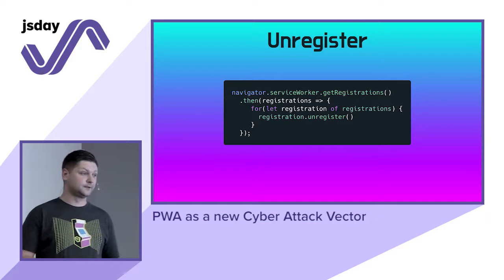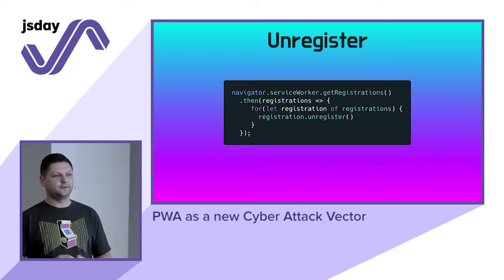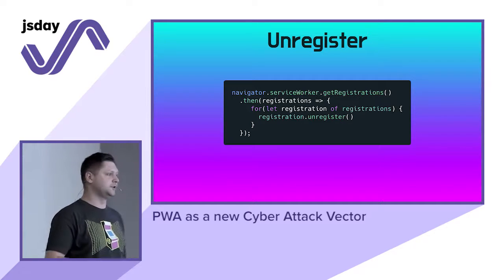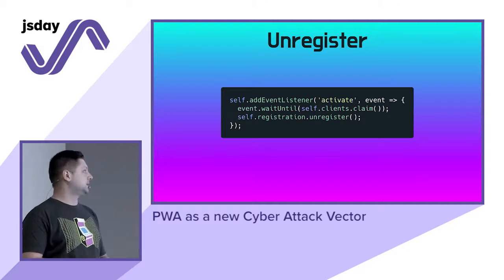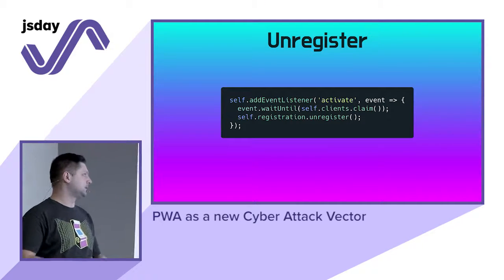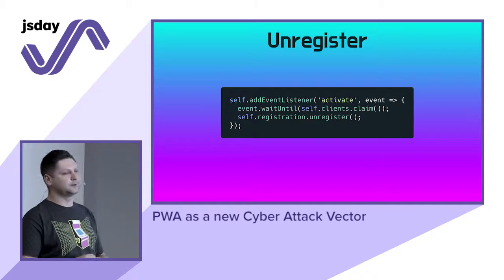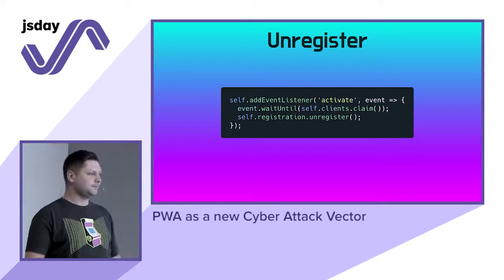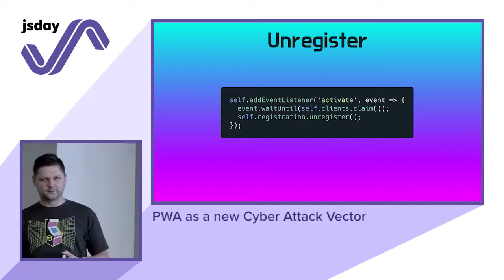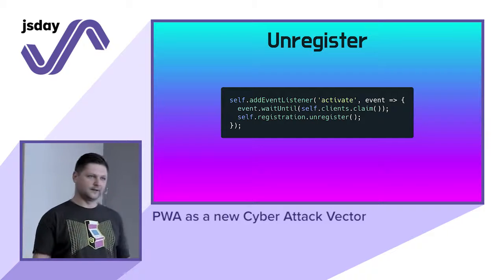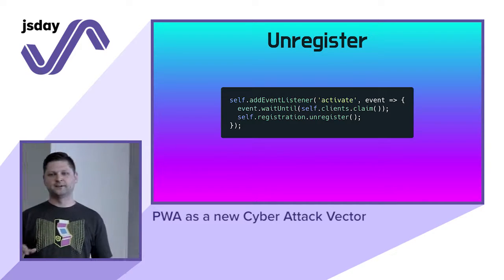To unregister a service worker, we have a few ways. For example, we can go through all registrations of our service worker and unregister each of them. On the other hand, we can unregister the service worker inside our service worker script with self.registration.unregister. Usually we do this when we are upgrading our service worker, because browsers have a one-day cache for each service worker before they invalidate it.